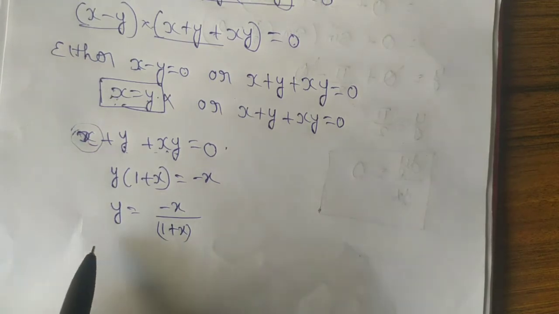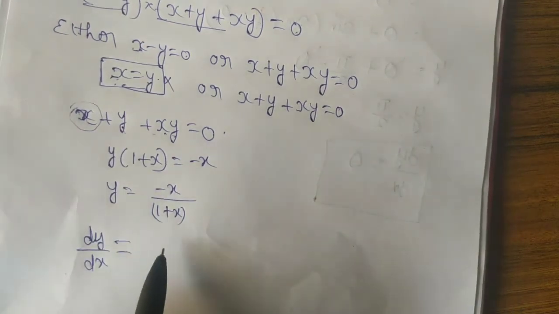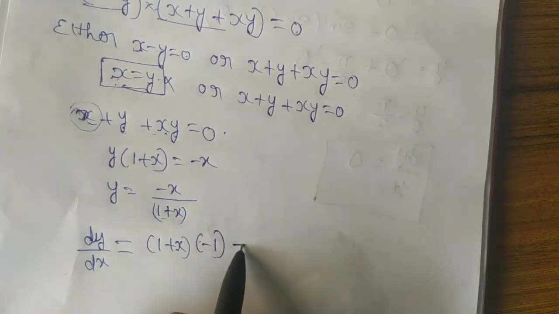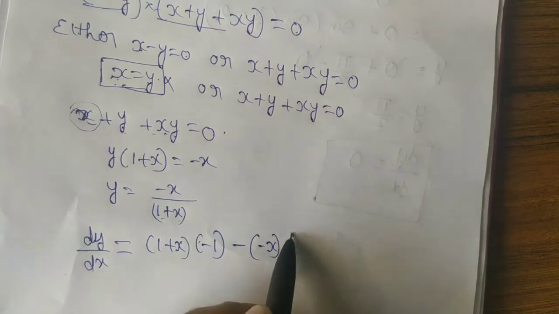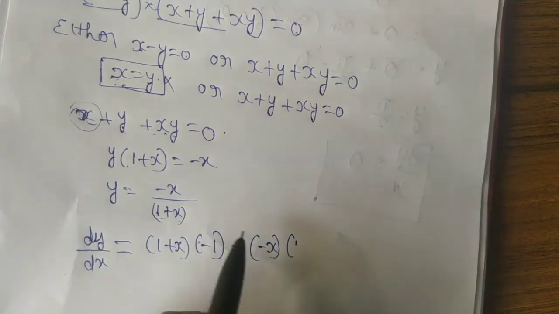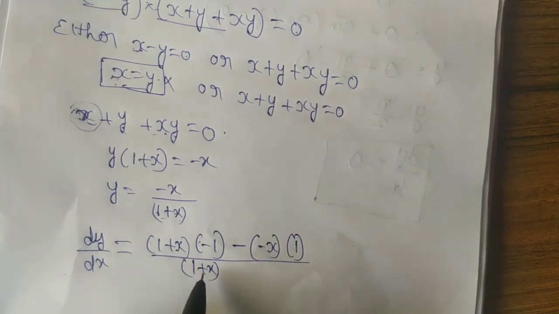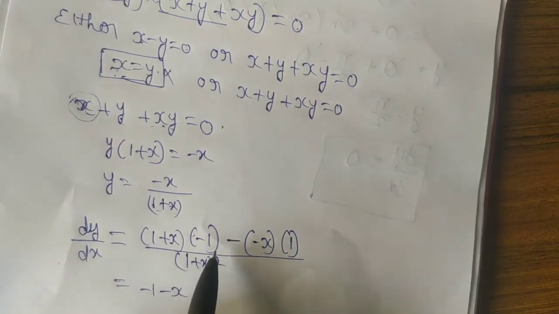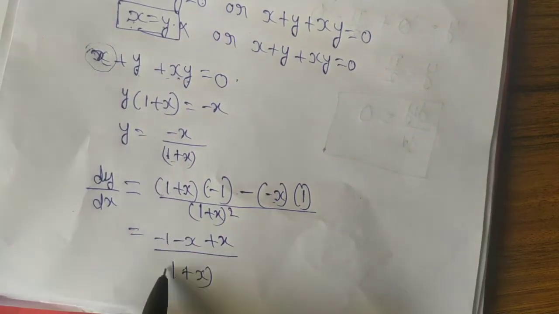Now we can use here quotient rule. Now we can differentiate it. So dy upon dx is equal to denominator as it is into differentiation of numerator minus denominator as numerator as it is into differentiation of denominator. So it will be differentiation of 1 is 0 and it is 1, and upon square of denominator, equal to minus 1 minus x minus minus plus x upon 1 plus x square.